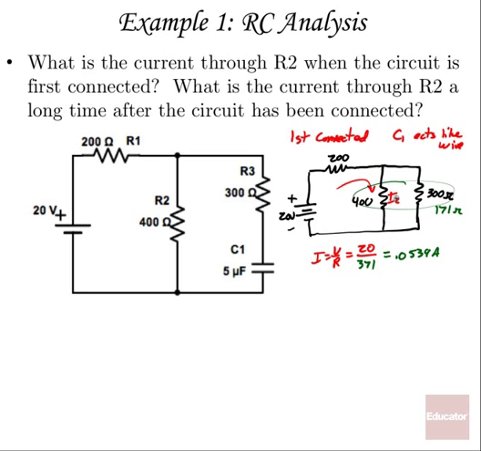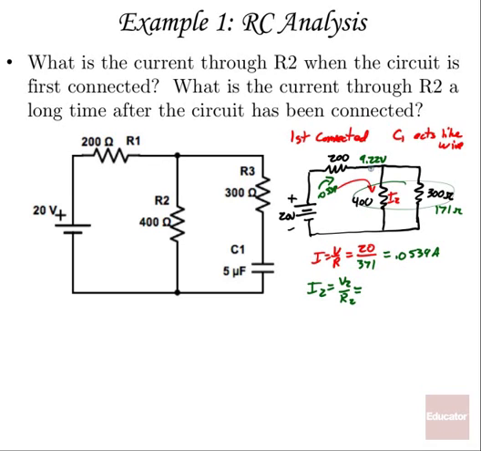I2 then is going to be voltage 2 divided by R2. And our voltage 2, well, if we've got 0.0539 amps going through 200 ohms, that's going to give us a voltage here of about 9.22 volts on this side.